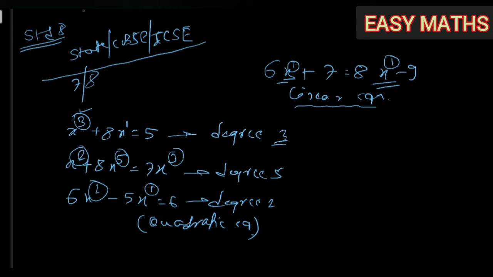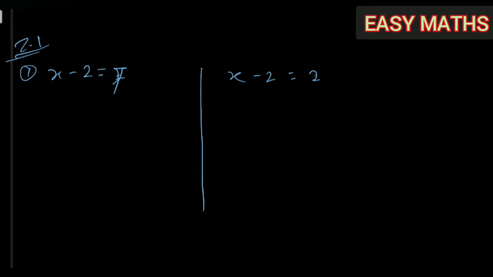So now let's see how we are going to solve examples of this type. I am going to take the first exercise of NCERT 2.1. First question, x minus 2 is equal to 7. So I am going to tell a simple method here. There are two methods explained in the book. For example, we want to find the value of x.